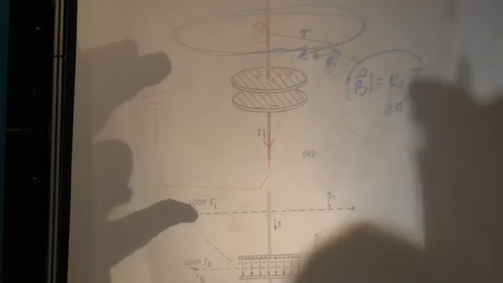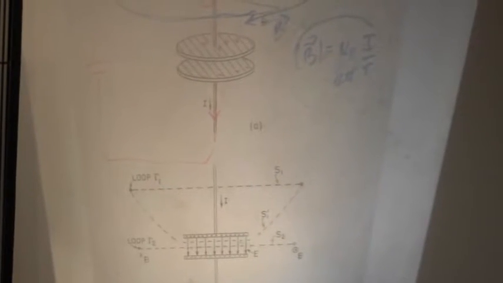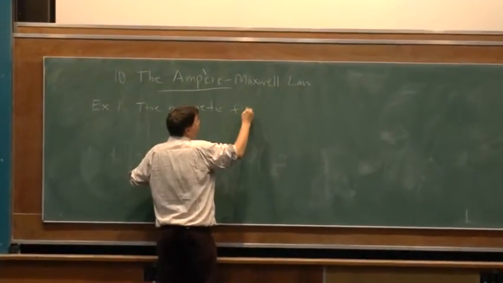We actually did that in two ways: semi-intuitively with Ampere's law, and more rigorously with the vector potential. We certainly know that that's true. So let's say now that this is, for example, the x direction going down here. We can choose our axes as we like. So I'm going to do two examples. Example one is the magnetic field near a charging capacitor.